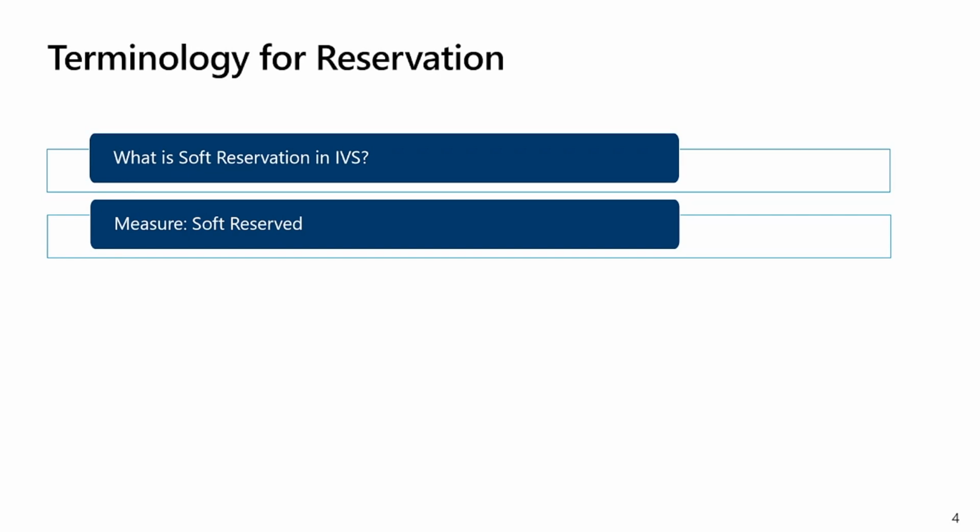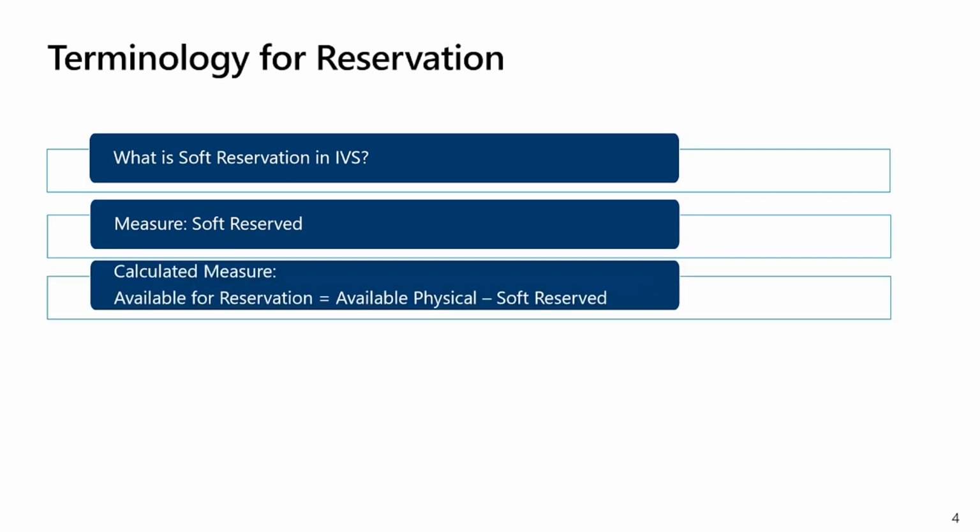This measure is used to soft reserve order quantity and provide details of how much quantity is soft reserved so far. Another measure is set up as calculated measure in IVS, which is typically referred to as available for reservation, meaning what is the available quantity of a product which can be soft reserved when an order is received.